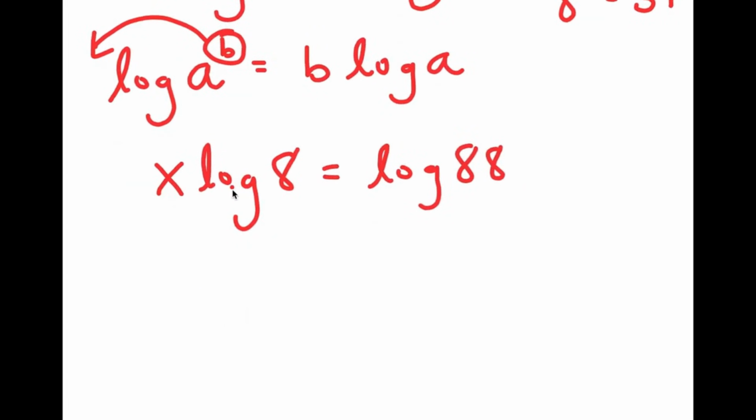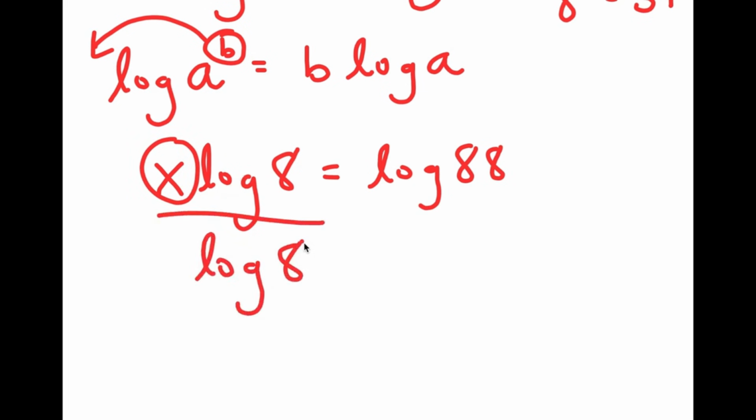So now I have x times log 8 is equal to log 88, and I want to isolate x because that's what I'm solving for, so I'm going to get rid of this log 8 by dividing both sides by log 8.